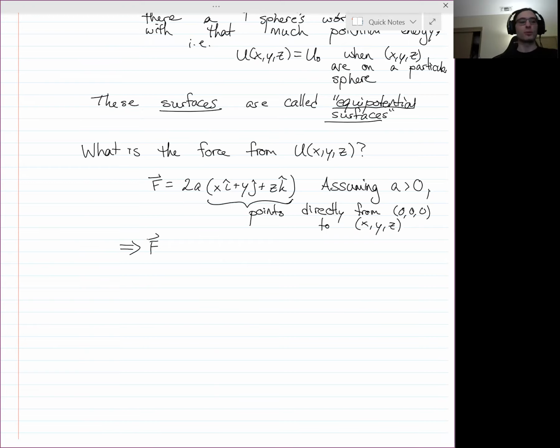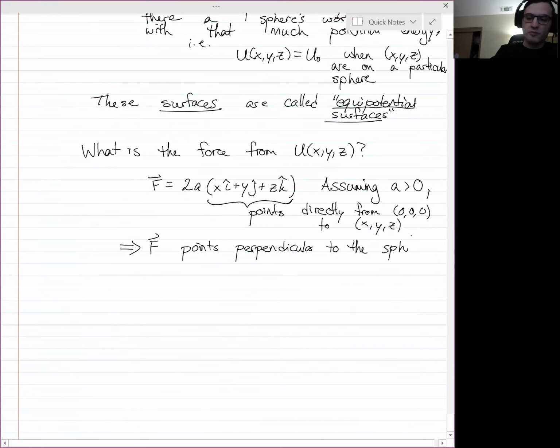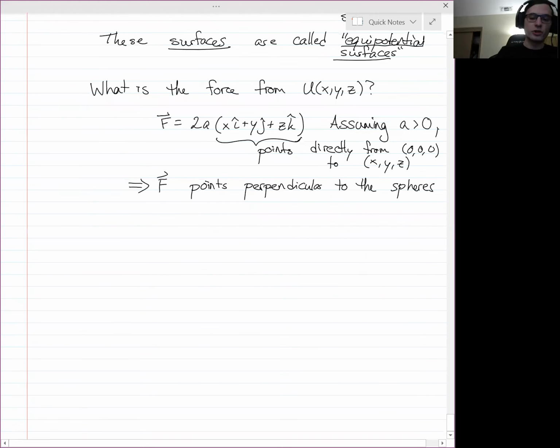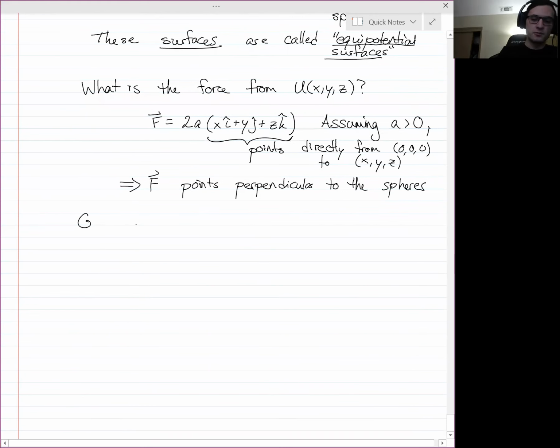How about vectors that are perpendicular to the sphere? In this case, the force points perpendicular to the spheres, right? These force vectors are always pointing radially outwards, and the spheres are spheres, so perpendicular to the spheres would be radially outwards. So, in fact, it's generally true that a conservative force points perpendicular to its equipotential surfaces.